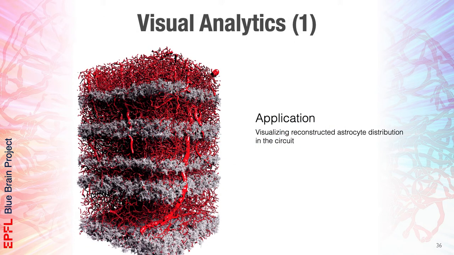The other main application is visual analytics. So the meshes that are generated from our pipeline are combined with the vascular network in order to see the distribution of the astrocytes in the circuit and ensure that they are correctly placed in the circuit.